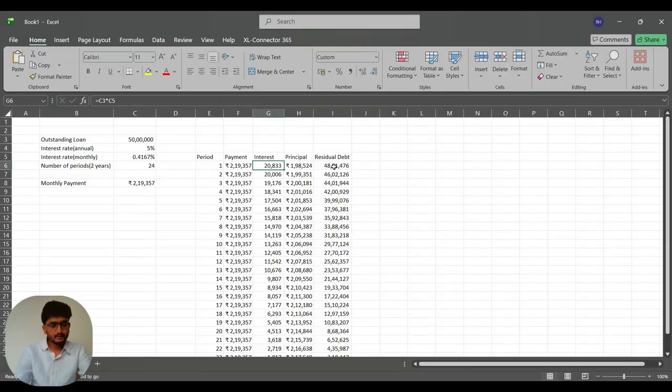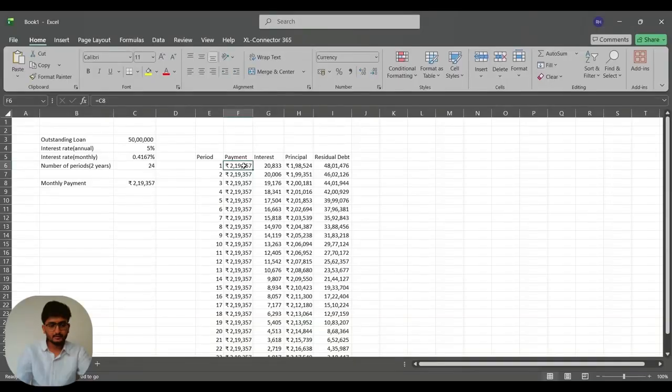In the first month, the EMI amount is 2,19,357. The monthly interest rate is 0.4167%, so on the 50 lakh balance we get interest of 20,833 rupees.